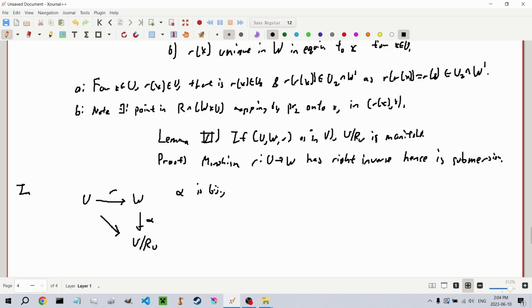So you're done by transporting the manifold structure of W onto U over RU. Since, keep in mind alpha is a bijection, that's easy.